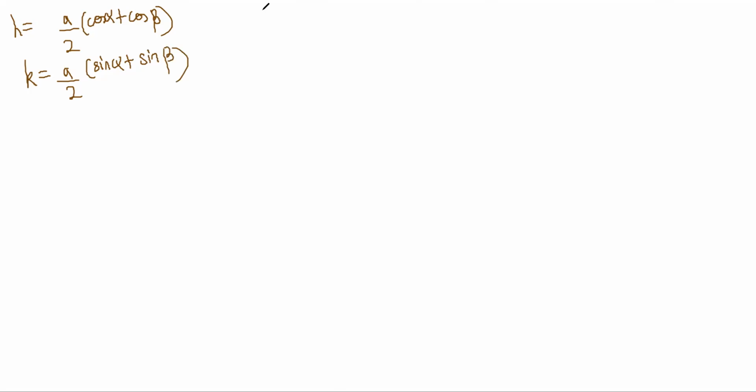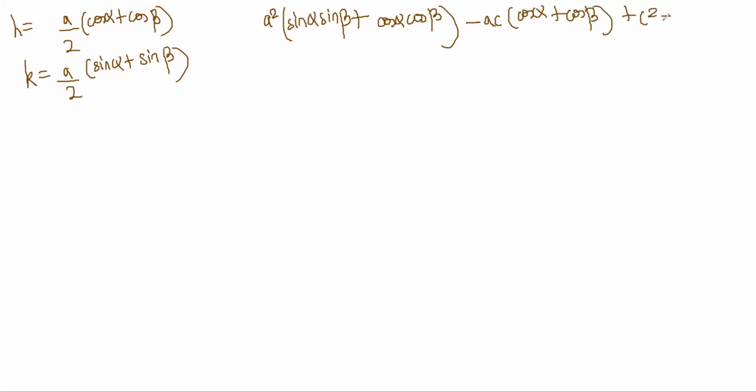And the third equation that we got was A square into sin alpha sin beta plus cos alpha cos beta, minus AC into cos alpha plus cos beta, plus c square is equal to 0.